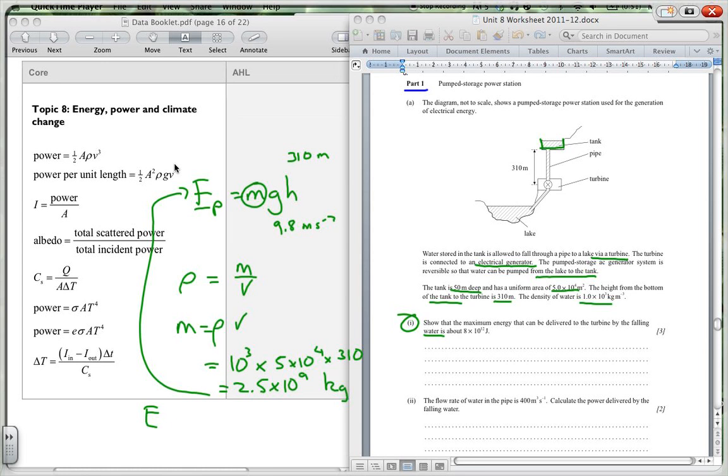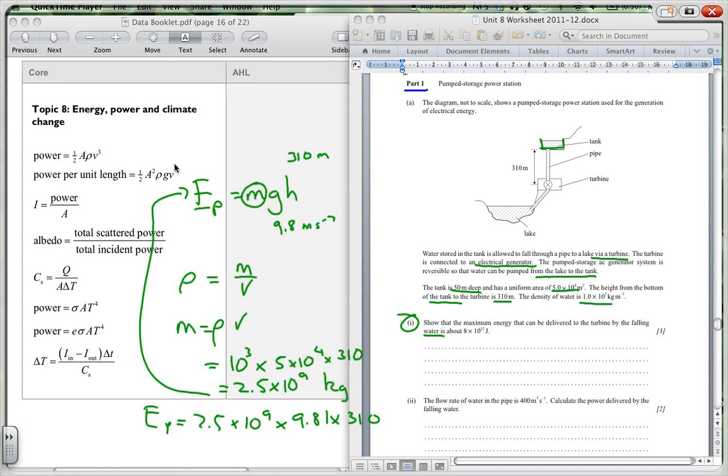So our total energy, EP, is going to equal 2.5 times 10 to the 9 times 9.81 times 310. And you can work that out.